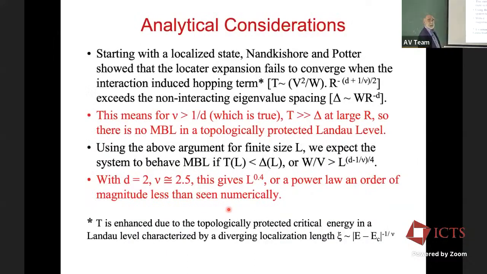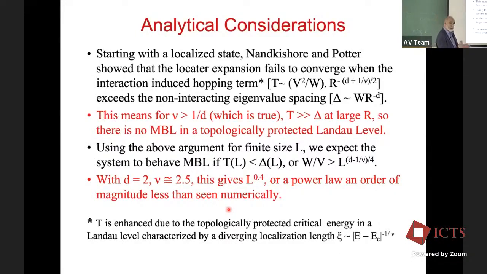Now, there is actually an argument due to Nandkishore and Potter, which says that there should be no many-body localization in a Landau band or in one Landau level. And the argument is they started with a locator expansion, just like Anderson did. And the idea is that if you have interactions, then the hopping term gets enhanced because of the interaction.